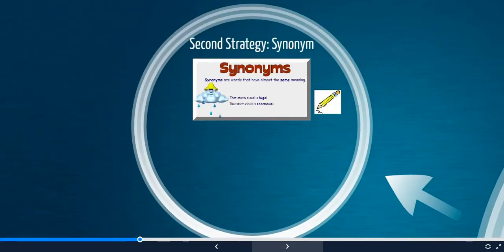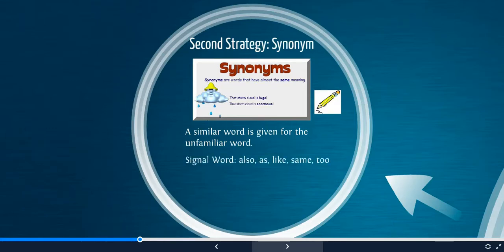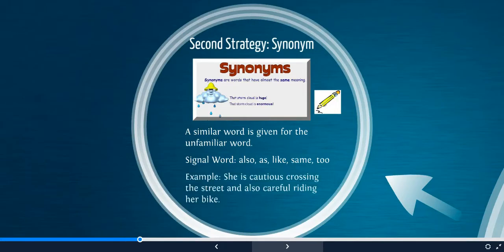Our second strategy is the use of synonyms. This means that in the sentence or a sentence close by, there will be a similar word that is given to help explain or give a clue to what the unfamiliar word is. You'll see words like also, as, like, same, or to when this strategy is useful. Here's an example.